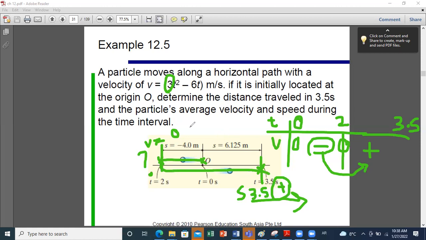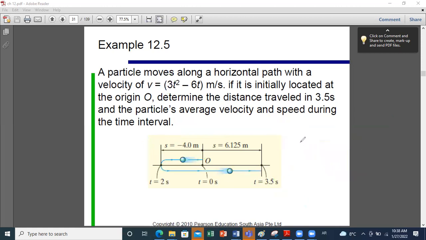So to do this, as your friend said, I have v as a function of time, and I want to get the position, so I should use v equals ds over dt. Now I replace v by its expression, so this is equal to 3t squared minus 6t.